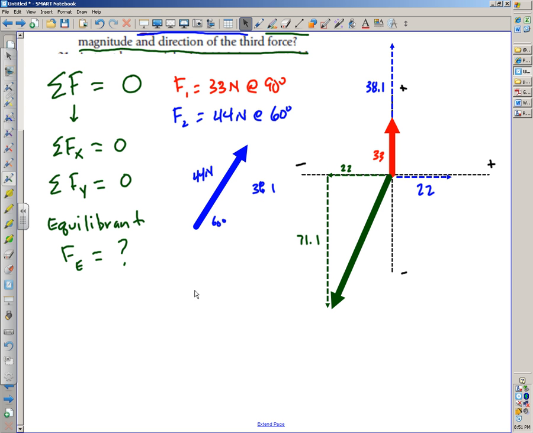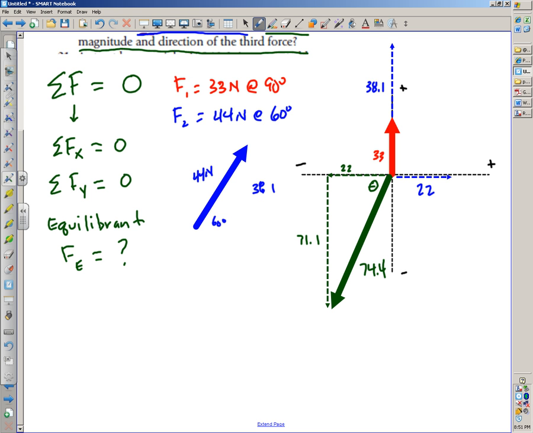So you plug that into your calculator: 22 squared plus 71.1 squared. Take the square root of those two, and you get 74.4. But we said that because it's a force, it's got to have magnitude and direction.